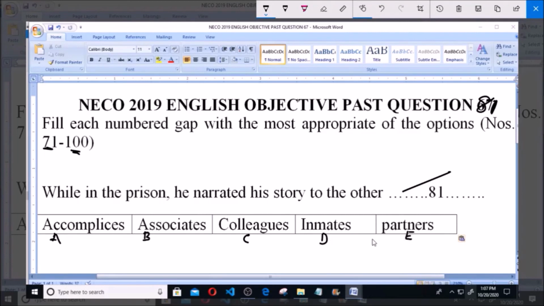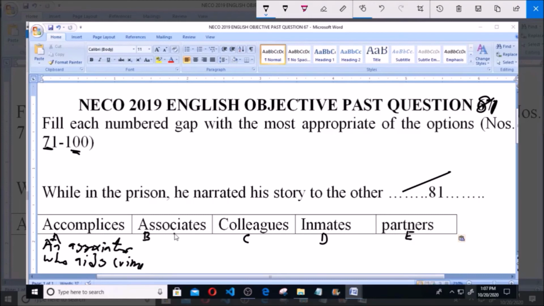Option E, partners. An accomplice is an associate who aids crime, that is, who helps the other person to commit the crime, or who assists the person to allow the crime to take place.